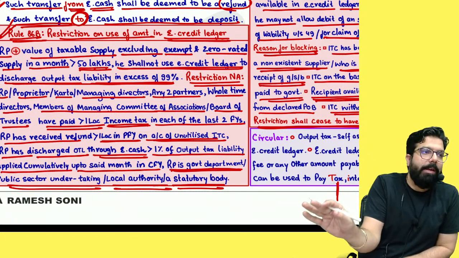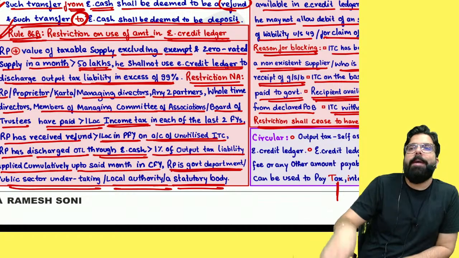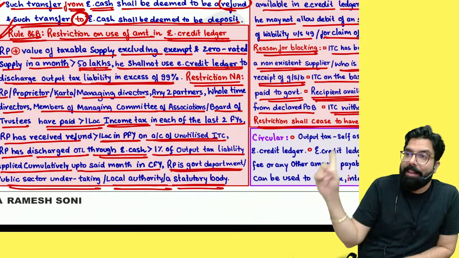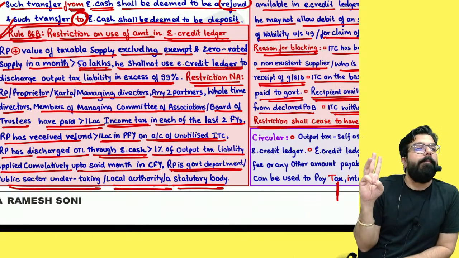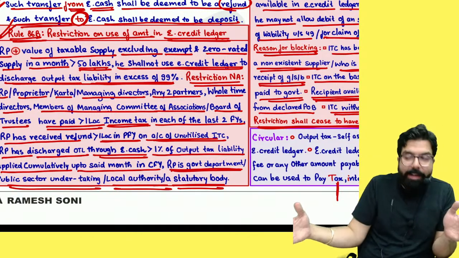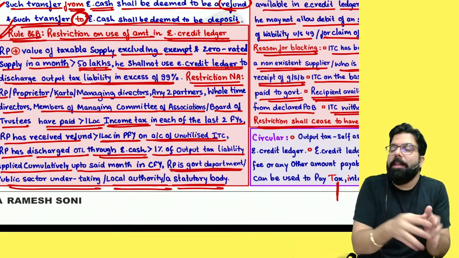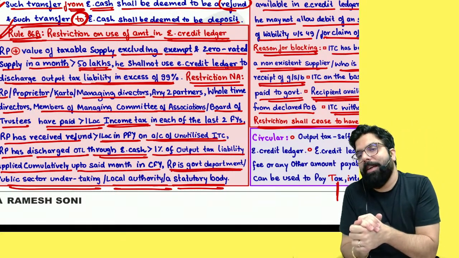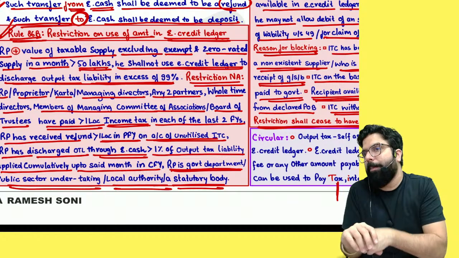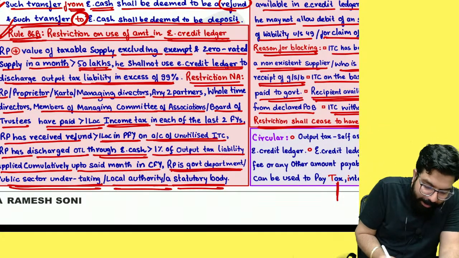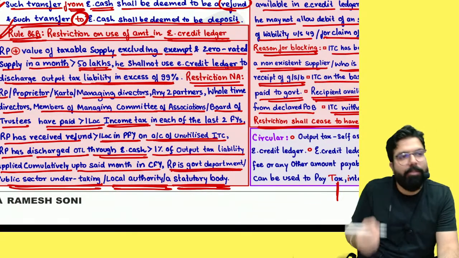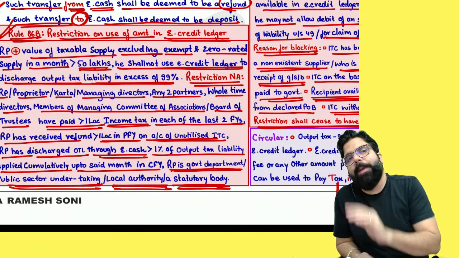Cash, through my cash. And this restriction is not applicable if I paid income tax more than 1 lakh in the last 2 years, if I have received a refund more than 1 lakh, or if cumulatively up to the current month I have already paid 1% in cash, then in the current month this will not be applicable to me. If I am a government department, public sector undertaking, local authority or a statutory body, then also this restriction is not applicable on me.